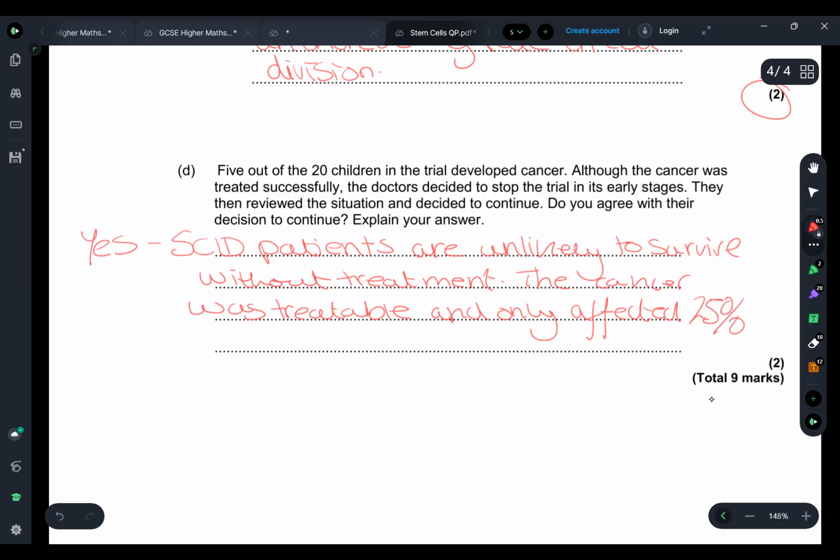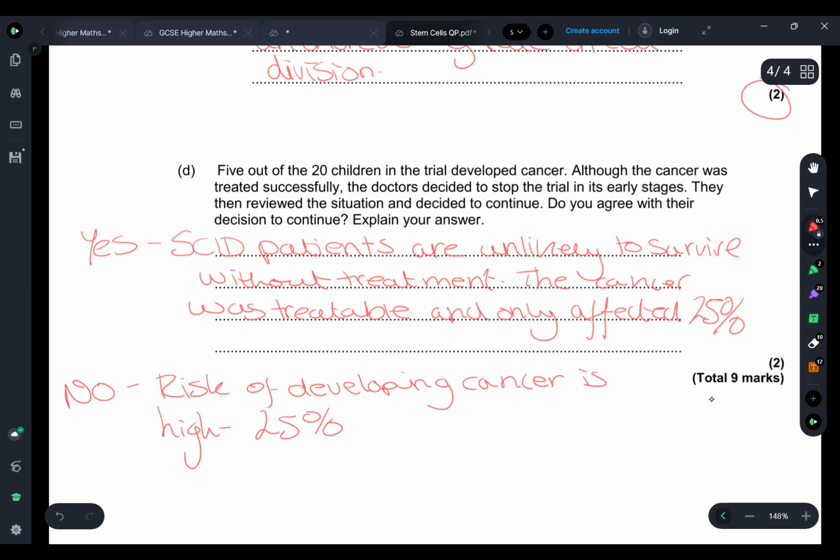If you said no, here is why you would have to say no. So the risk of developing cancer is high at 25%. And the cancer may reoccur and not be successfully treated.